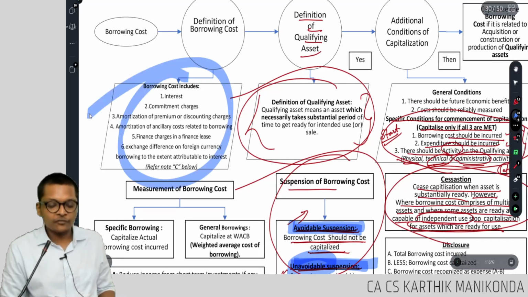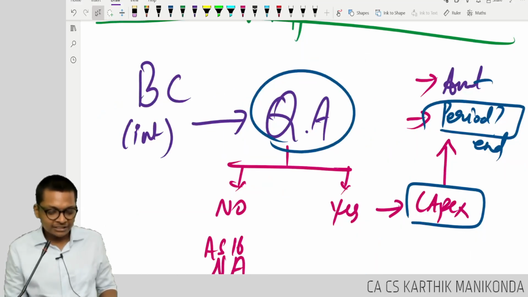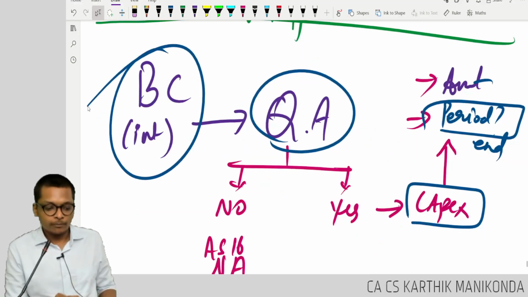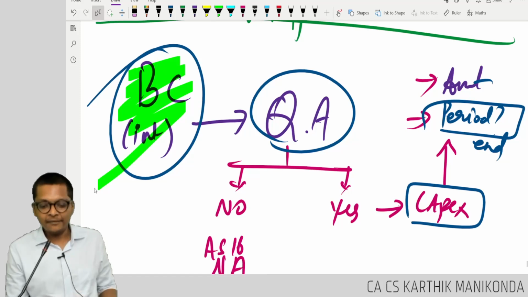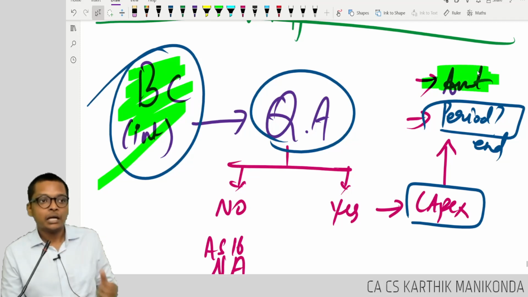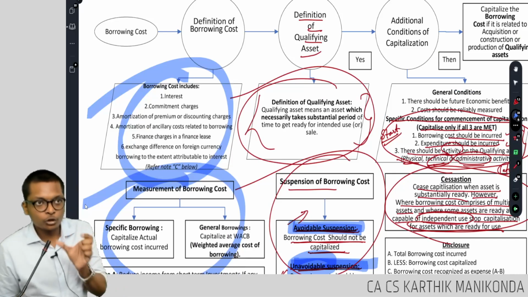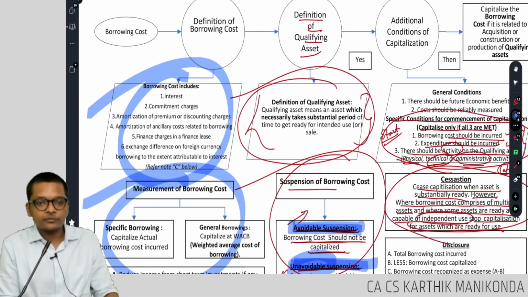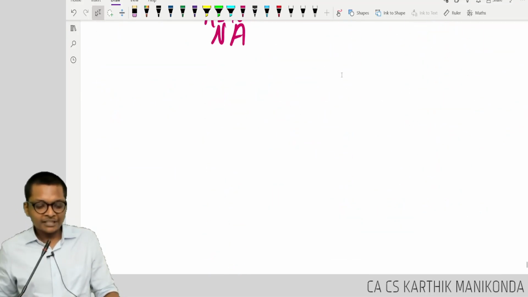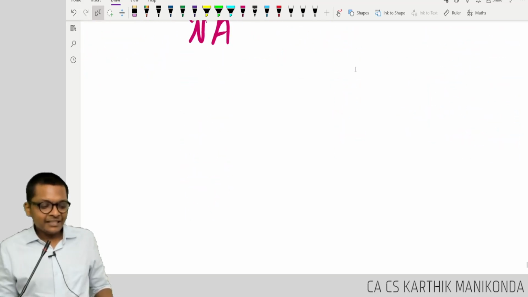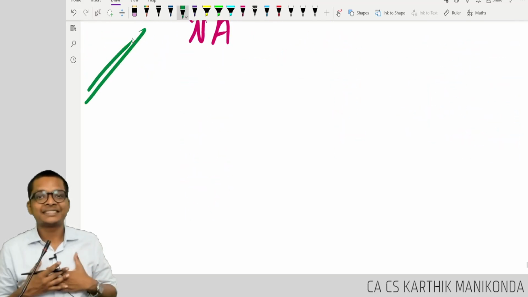What is the definition of borrowing cost in this chart? And how do you count the amount in certain cases? That is the measurement of borrowing cost. How do you quantify the amount? That's called measurement of borrowing cost. With this, we are done with 70% of the concepts in this standard.